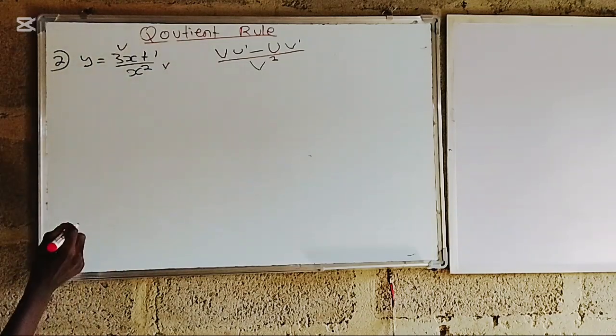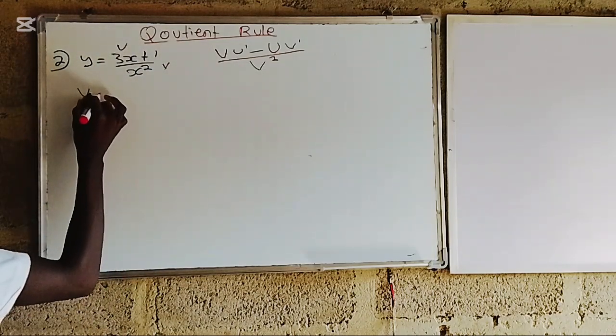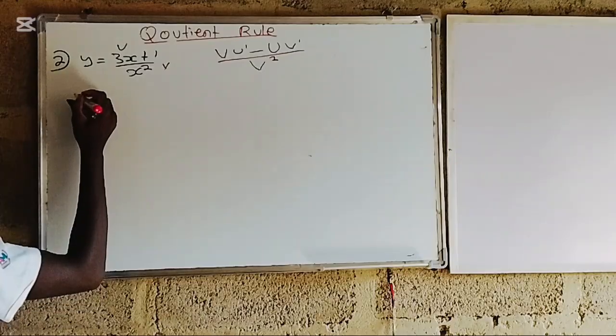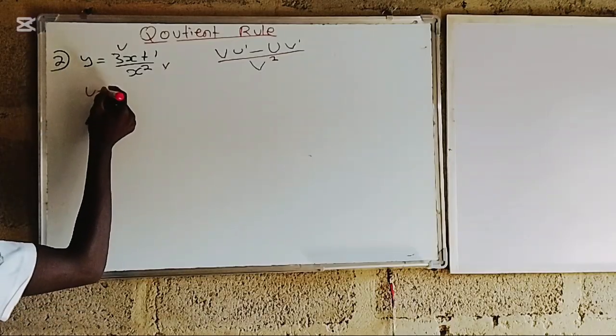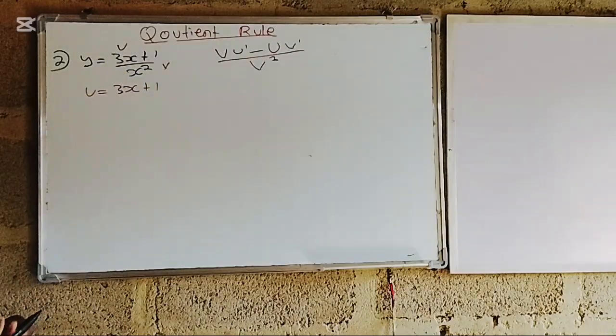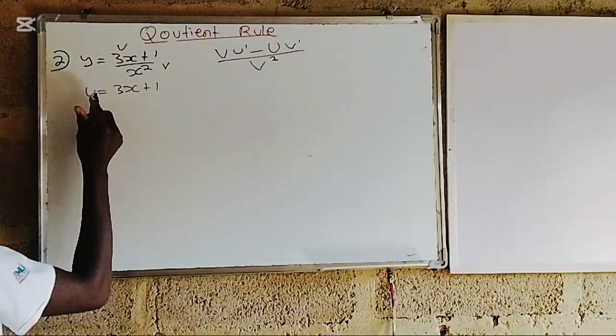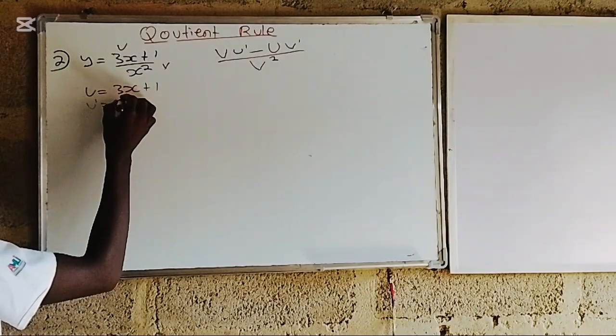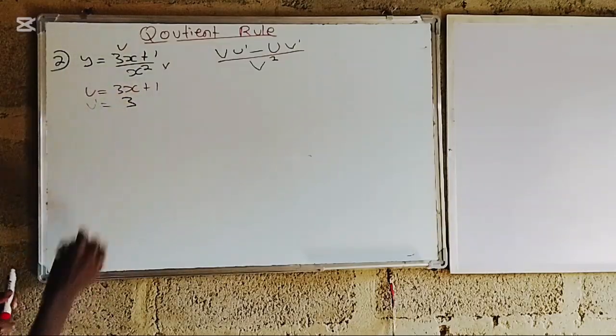The value of U is 3x plus 1, and U prime is the same thing as, if I differentiate this, only 3.